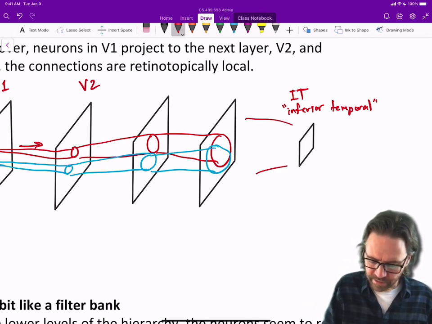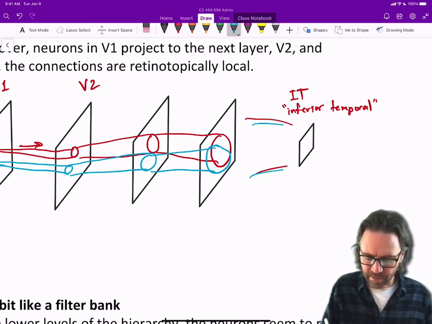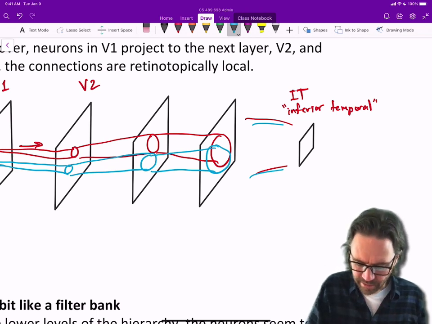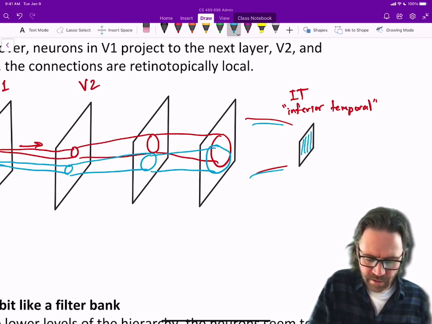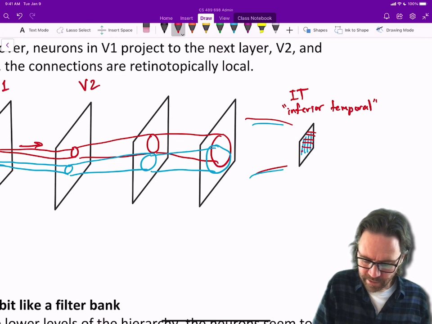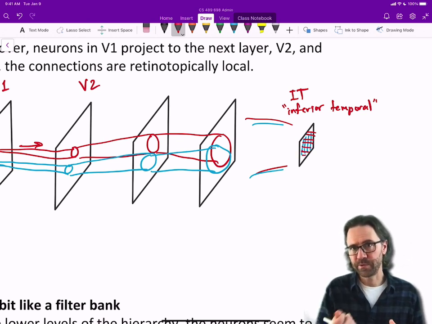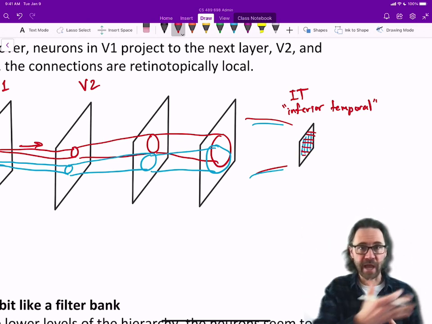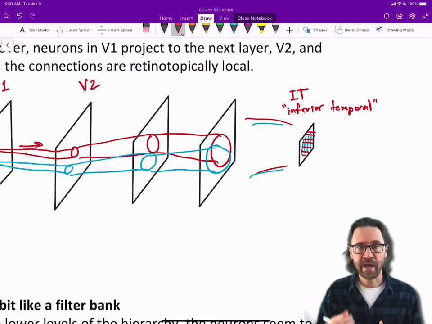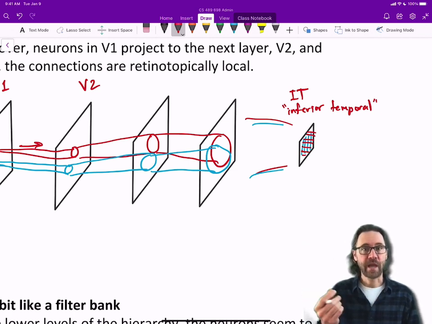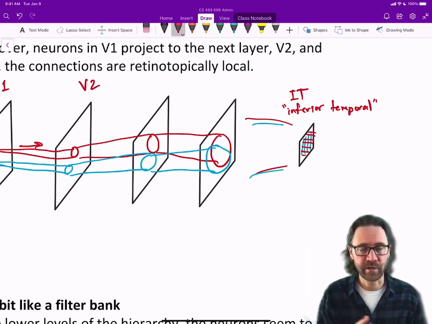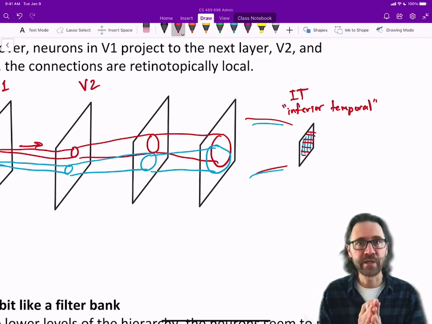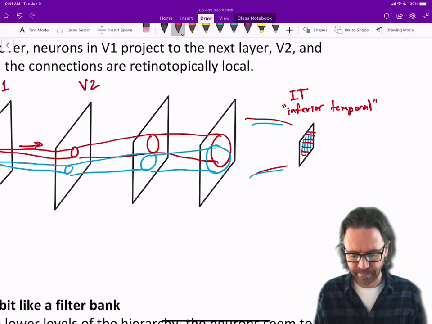In which case, all of the visual scene influences all neurons in IT, and that's why you get neurons that are specific to particular objects. The pair of scissors can be anywhere in the visual scene, and it will excite the same scissors set of neurons, right? There might be a small set of neurons that really just care about scissors.